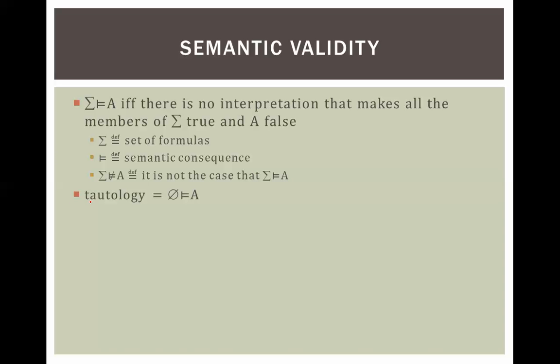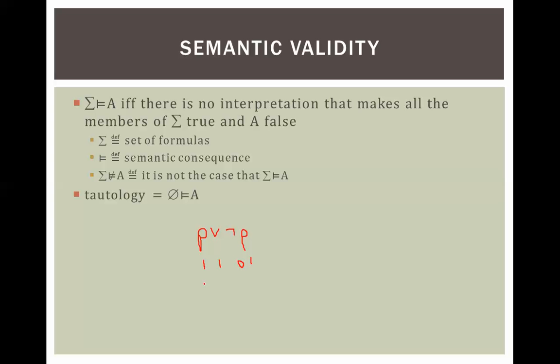This is less important, but if sigma is empty, in other words, if there are no premises and A is still true, in other words, there's no way to assign A a false, then we call that a tautology. You may wonder, how is that possible? How could you have nothing and still prove something? Well, that would be something like, if I want to say either P or not P. If I assign P a 1, then not P becomes 0, so at least one of these two is true, so this is true.